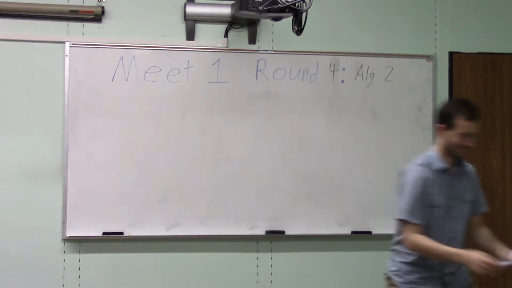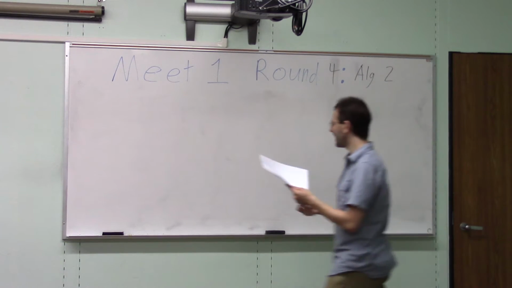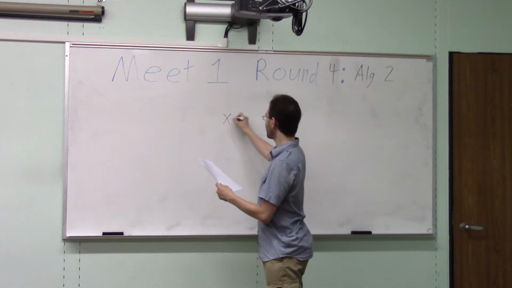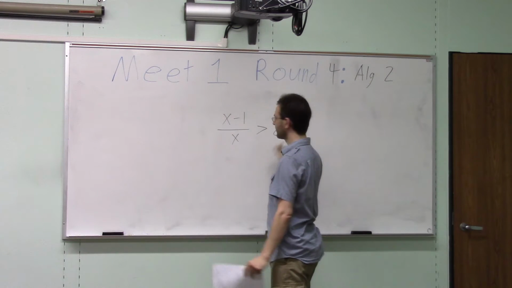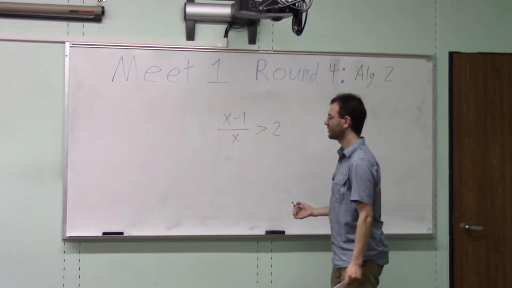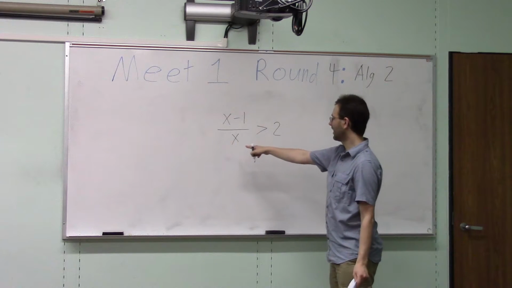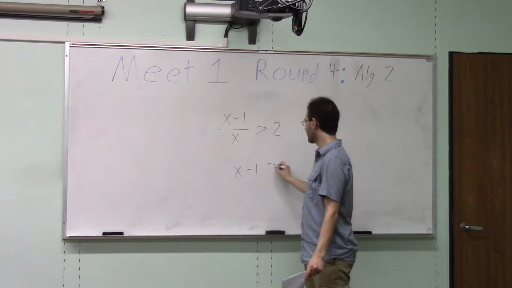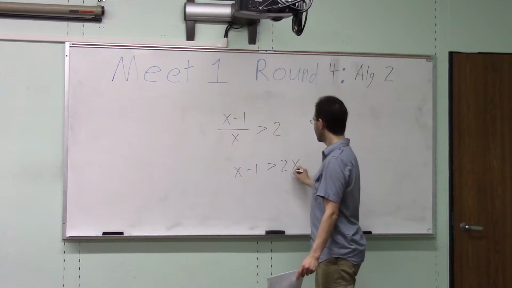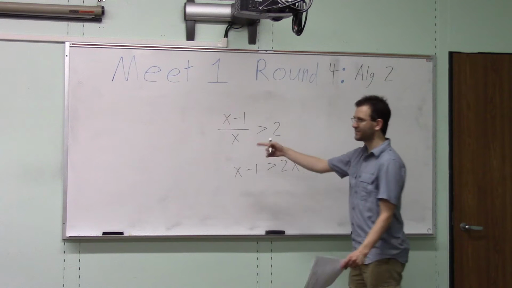Here we go. Compute all values of x that satisfy x minus 1 over x is greater than 2. So you would start off by multiplying each side by x, right? So that x minus 1 is greater than 2x, except that x might be negative.